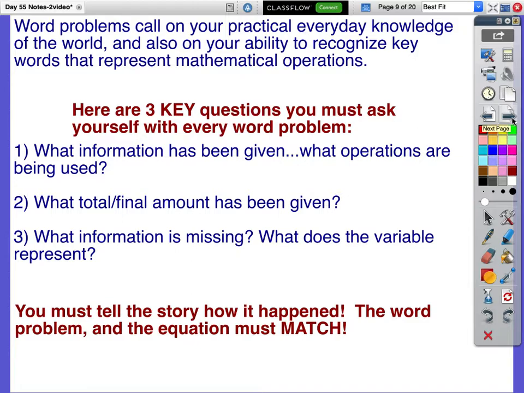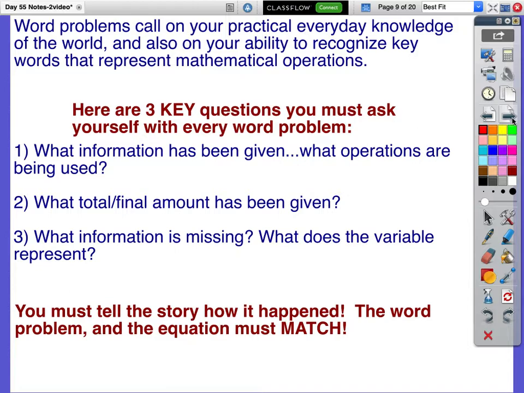Now, I will be honest with you. This is the harder part of the equations notes today. That doesn't mean it's impossible, and you've gotten some background knowledge this year that you can build on to take this to writing your own equations.